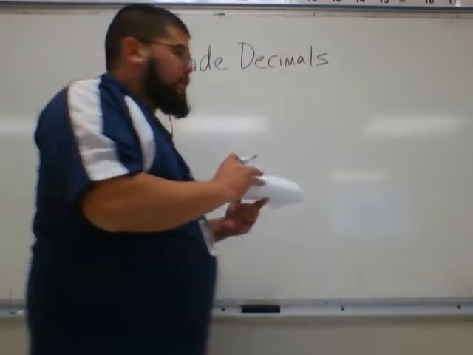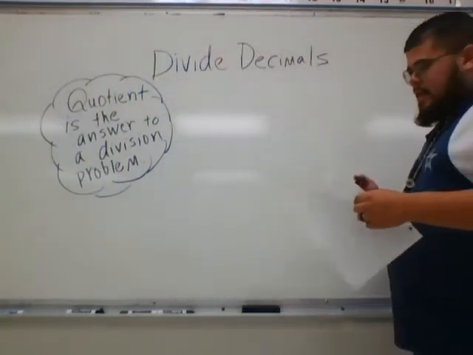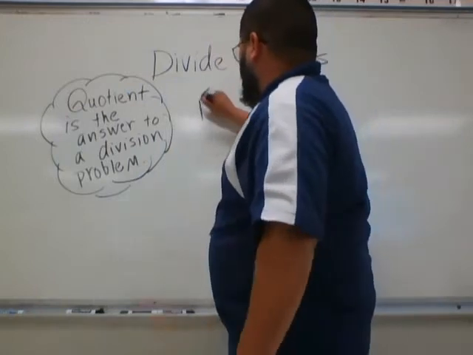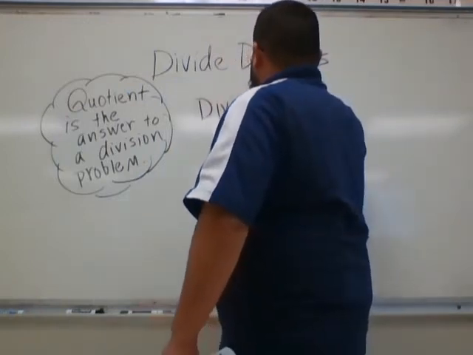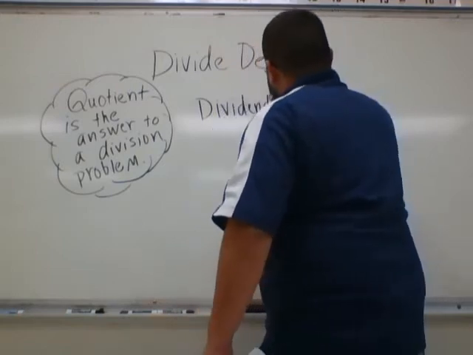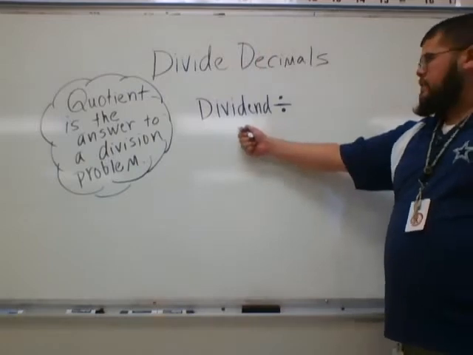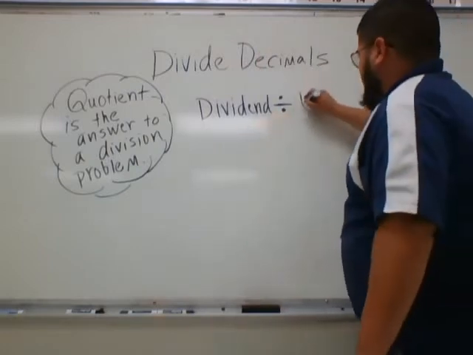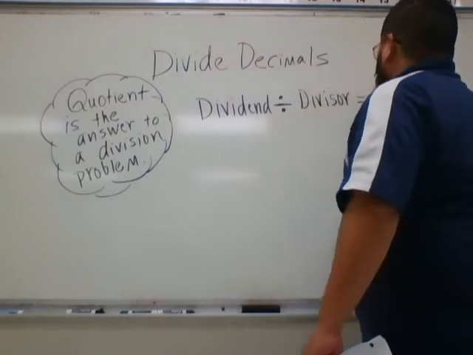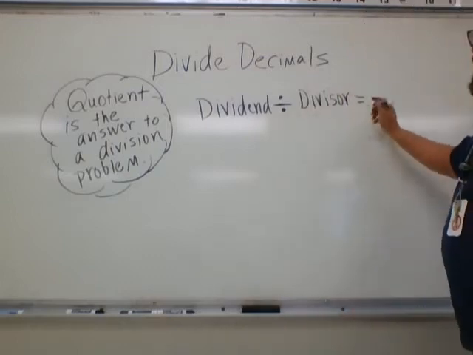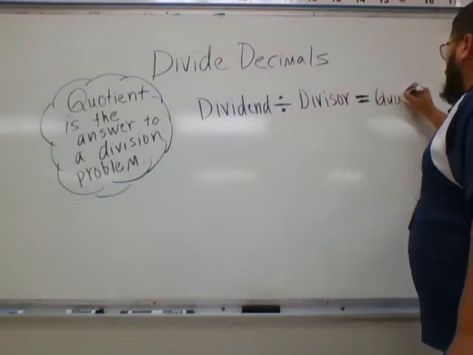All right, so one thing we got to know about dividing is that we start off with the dividend and we divide. Start off with the dividend, we divide by the divisor, and then this should equal the quotient.